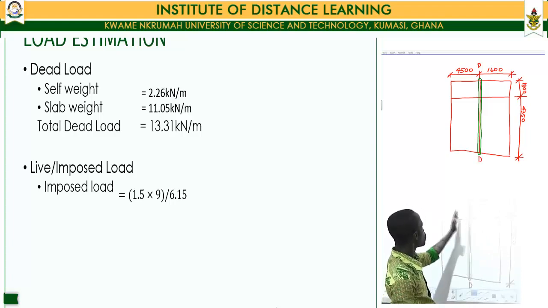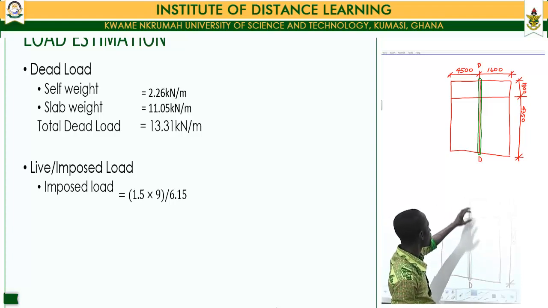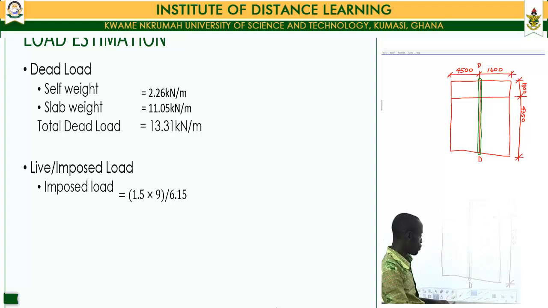The slab to one side had a dimension of 4,500 and the other side had a dimension of 1,600.